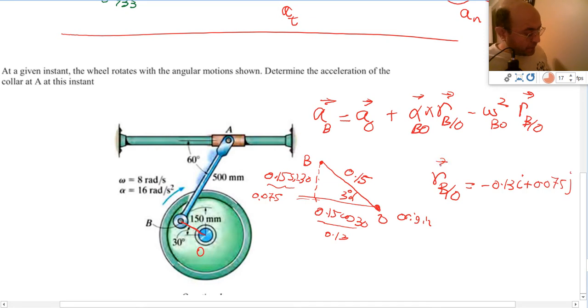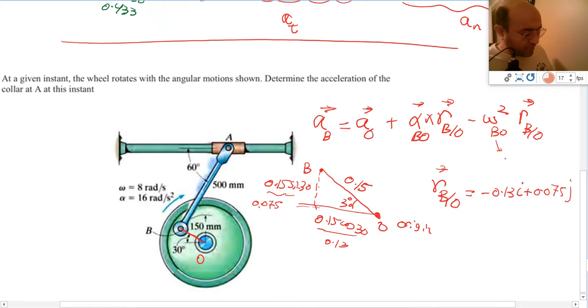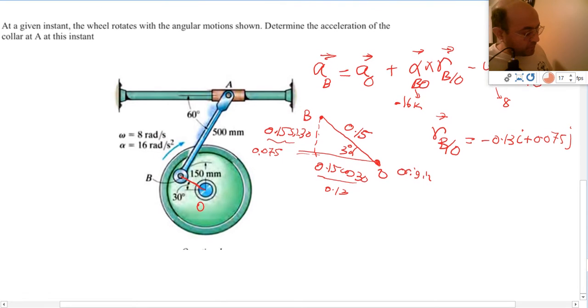So we found one, and then the other one, which is given to us: omega is given to us as 8, alpha is given to us at 16k. By the way, this is going to go negative, so that will be negative 16k, because it's going to go clockwise, right? That's the whole reason that we're going to put it like that.